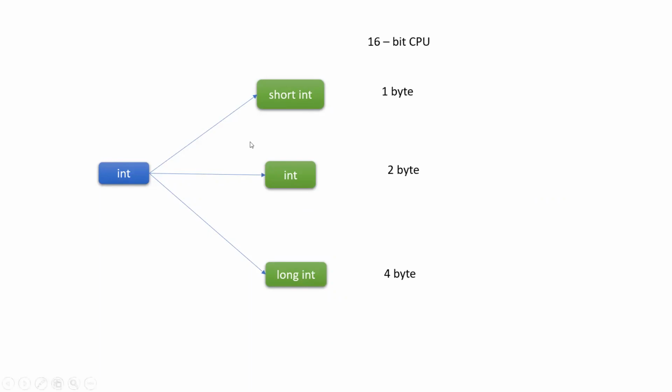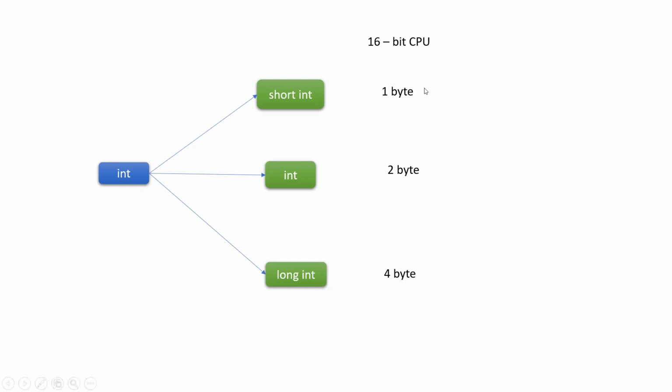How many bytes of memory will be allocated depends on the system that you are using. If it is a 16-bit computer, then short int will take 1 byte, int will take 2 bytes, and long int will take 4 bytes. And if it is a 32-bit computer, it may be like this: short int is 2 bytes, int may be 4 bytes, and long int may be 8 bytes.